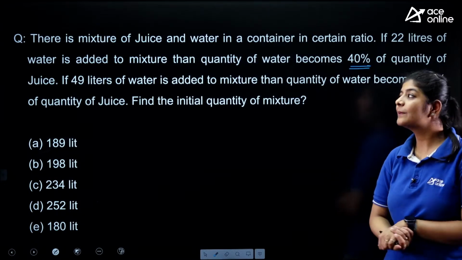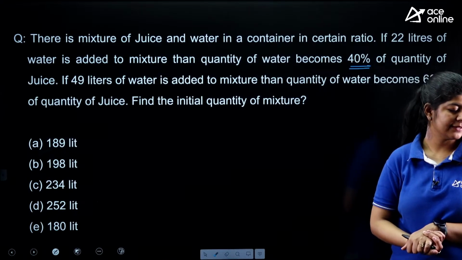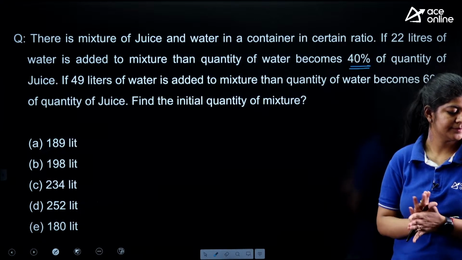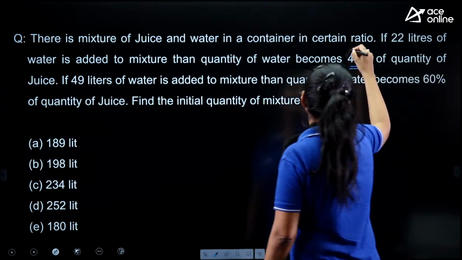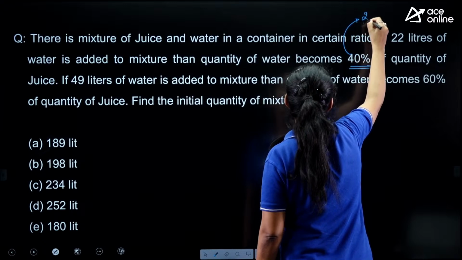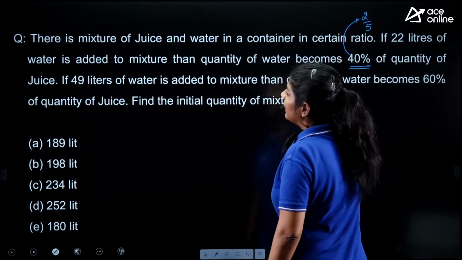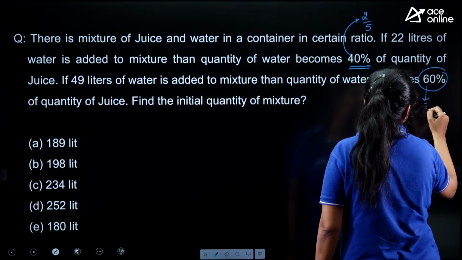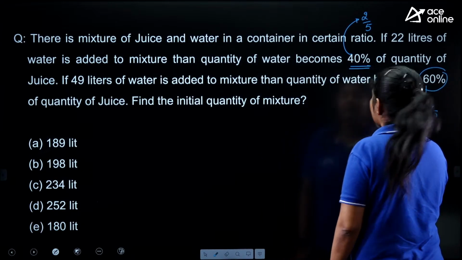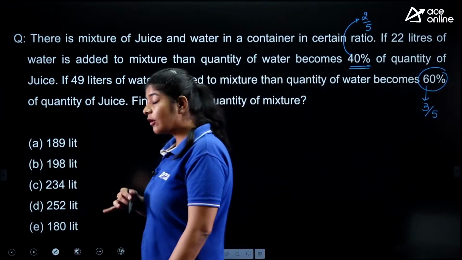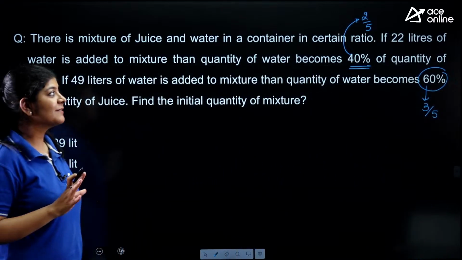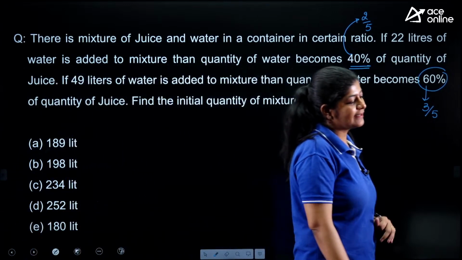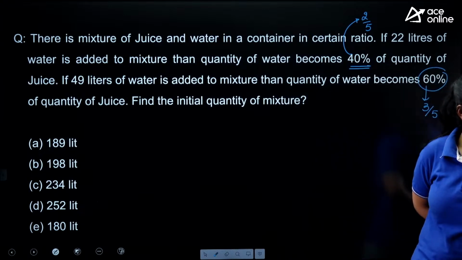Can we write this 40% as 2 by 5 in fraction? And can we write this 60% as 3 by 5 in fraction? Yes. So if I am writing it, that means we are going to use these fractions somewhere.